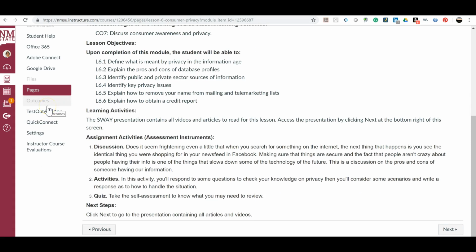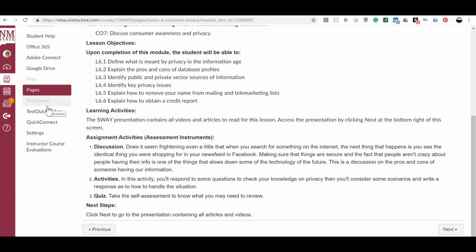This week you'll be discussing what happens when you search for something on the internet, especially if you're using Facebook. Let's say you're searching for a refrigerator; the next thing you notice in your Facebook feed are all these refrigerator advertisements. Some people are a little frightened by that.